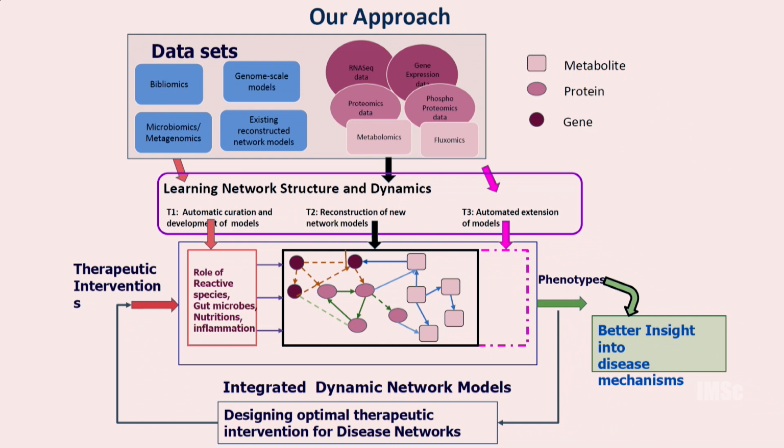We also try to see how some of the inputs of interest to our collaborators interact with these biological entities to produce certain phenotypes. And if we can understand those phenotypes, one of our interests is to take this model and try to come up with some optimal therapeutic intervention for the diseases over time, and try to manipulate some of these inputs to get disease-free.